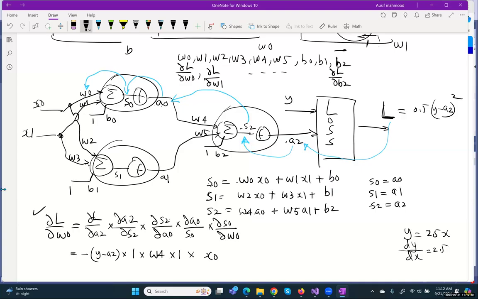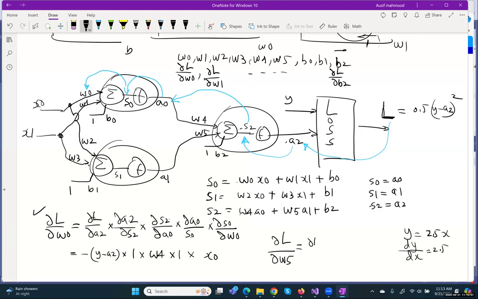So did we find this? Okay, let me do one example for you. The rest I will leave for you as an exercise. You'll go home and try it yourself. Okay, suppose we wanted to figure out, let's say, partial L over partial W5. So what will this be?